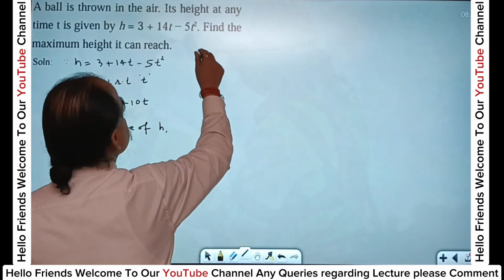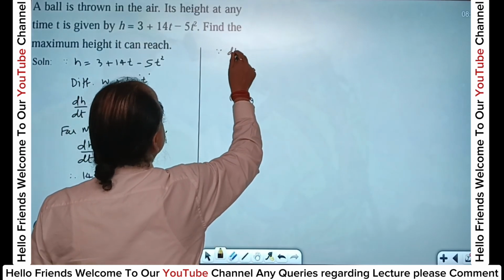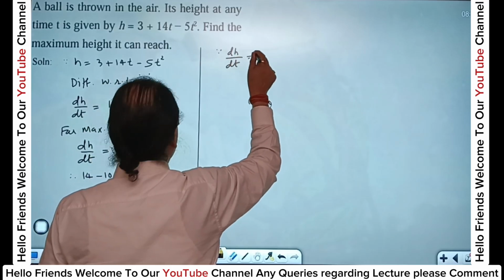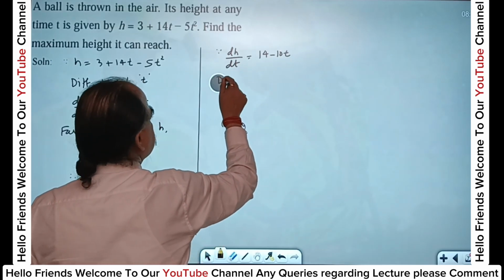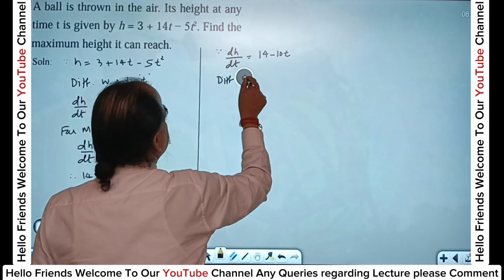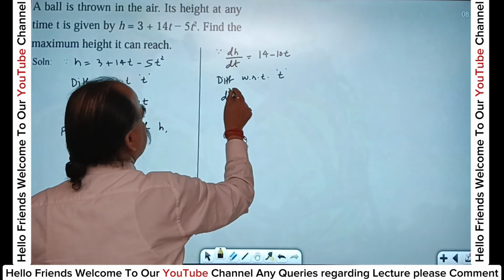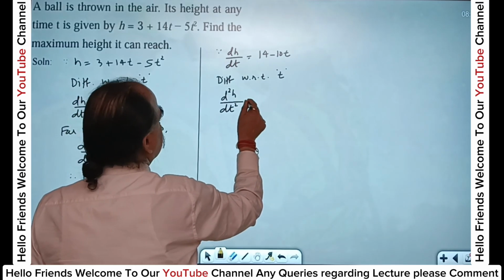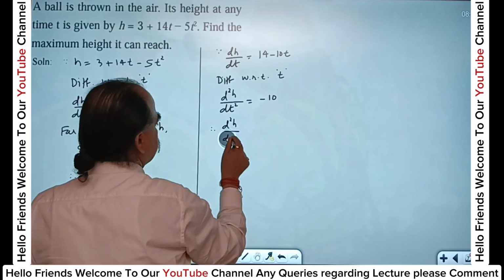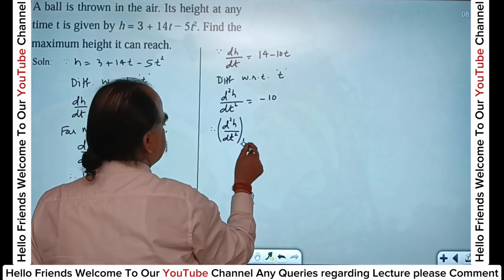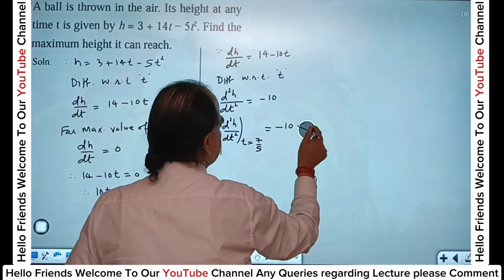Since dh by dt is what? 14 minus 10t. Differentiating with respect to t, d2h by dt square is equal to minus 10. d2h by dt square when t is 7 by 5 is minus 10, and that is less than 0.